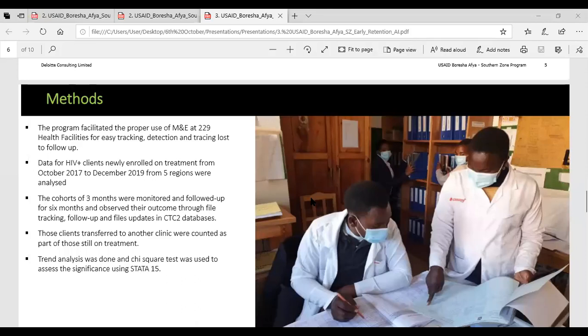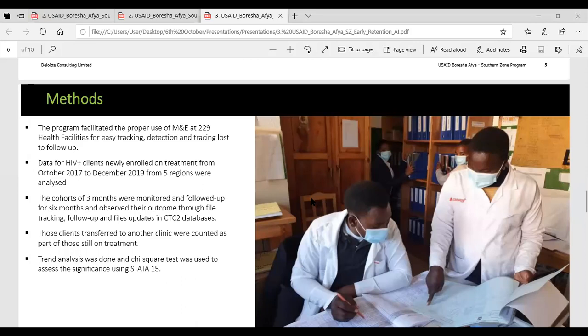Each facility was visited at least twice in a month. The aim was to ensure we are reporting on all the key PEPFAR indicators, and easily tracking, detecting, and tracing all the lost to follow-up clients.